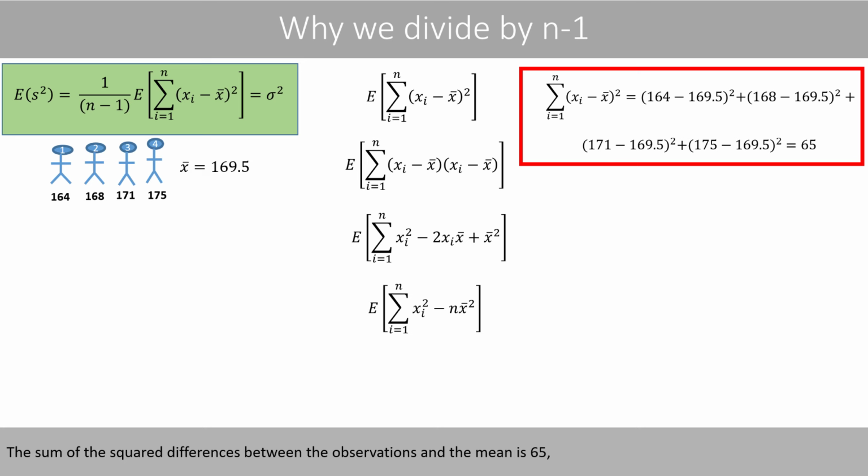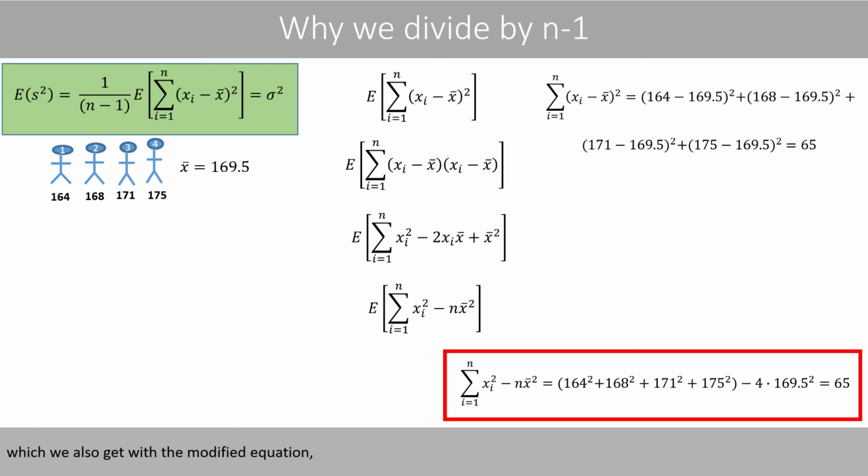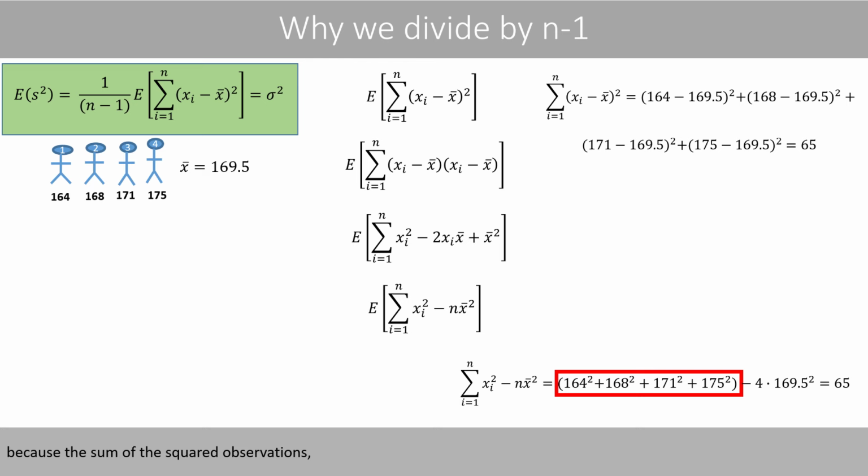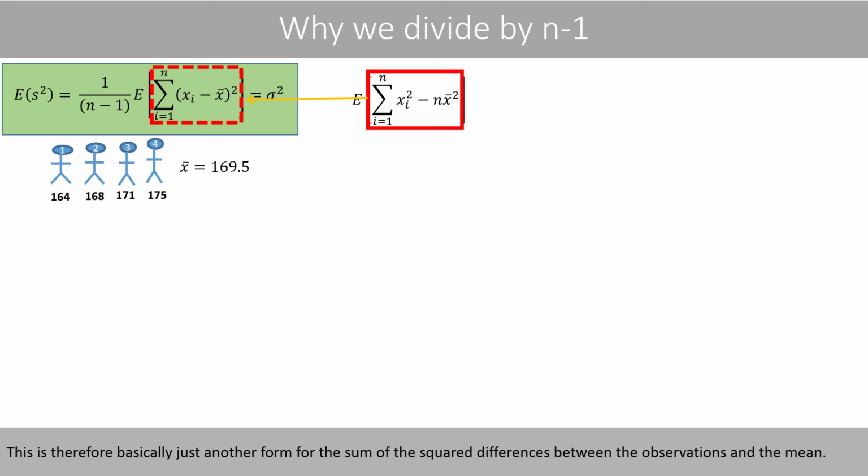The sum of the square differences between observations and the mean is 65, which we also get with the modified equation, because the sum of the squared observations minus 4 times the squared mean is also 65. This is therefore basically just another form for the sum of the square differences between observations and the mean.